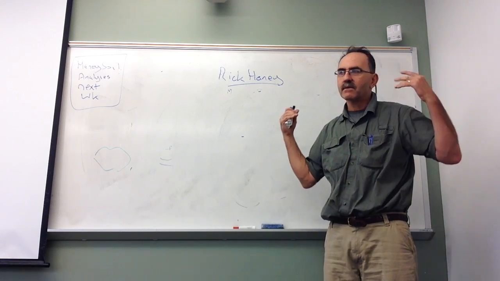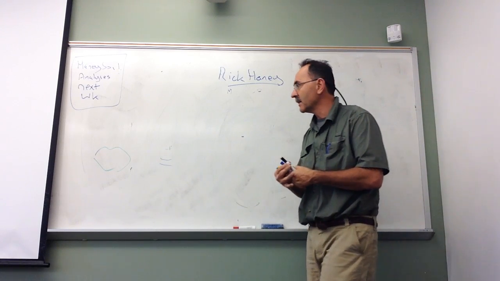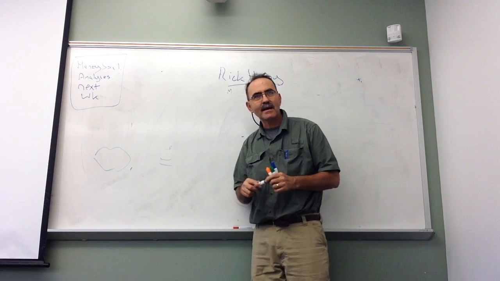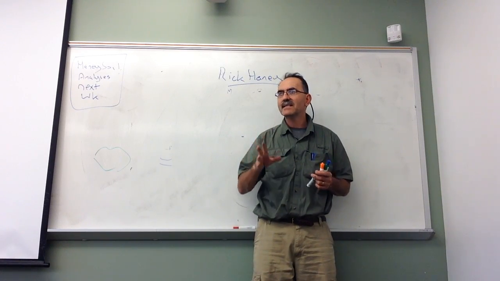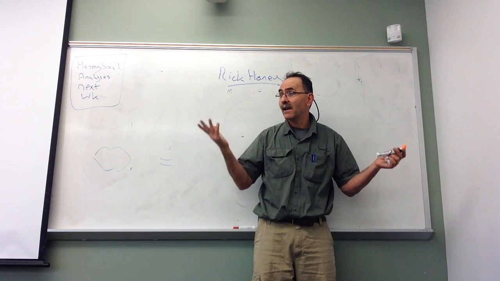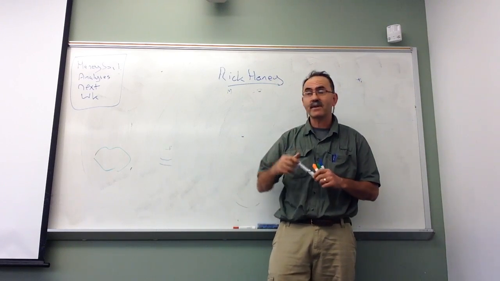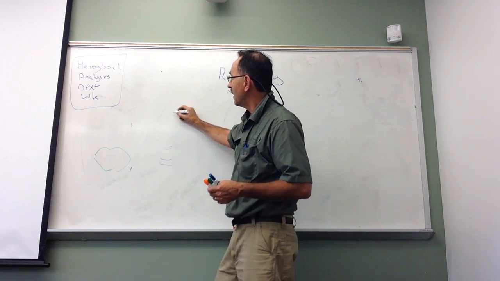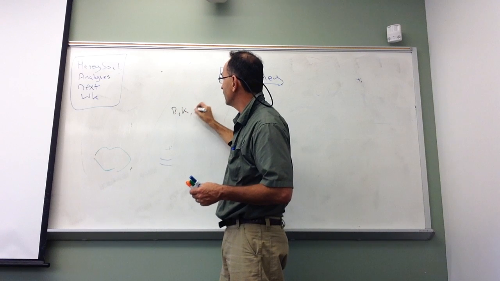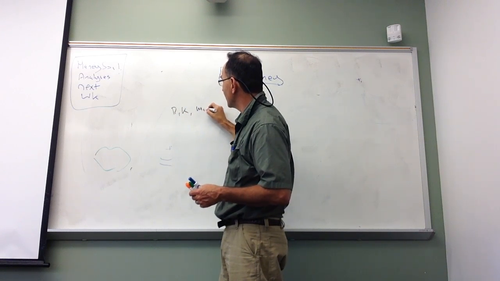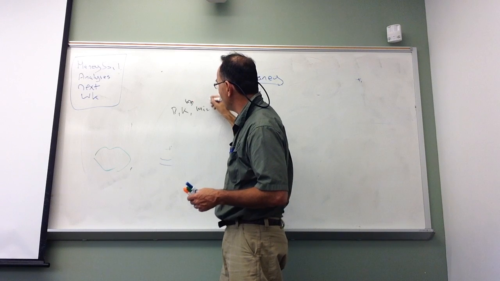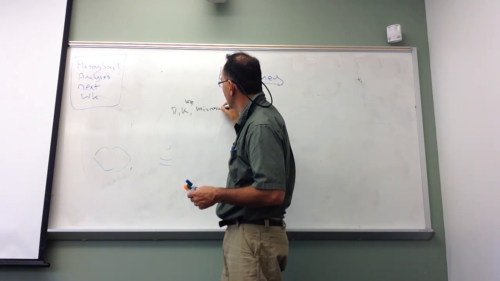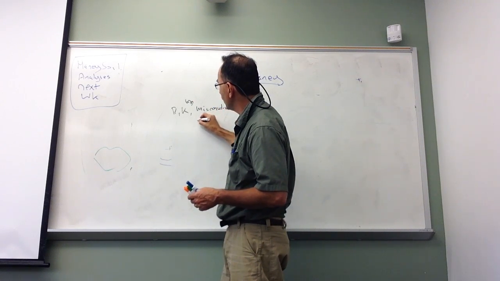For the last who knows how many years, most land-grant soil test labs, so Clemson is our land-grant university, you send your soil test, they do P, K, Mg, and micronutrients, and they do organic matter.